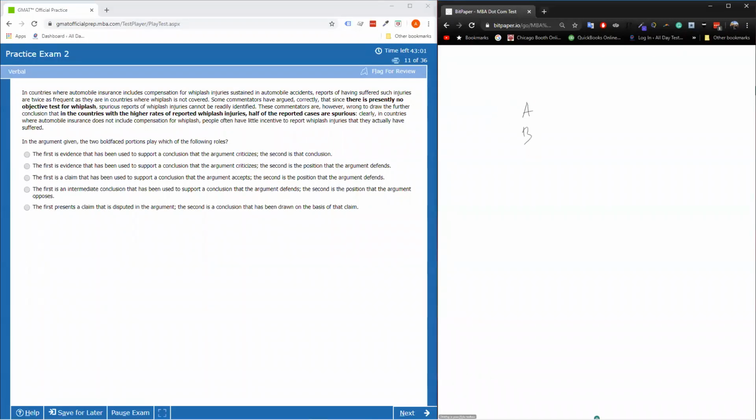So they're not going to file in places where they're not protected. In the argument given, the two boldface portions play which of the following roles? The first is evidence that has been used to support a conclusion that the argument criticizes.